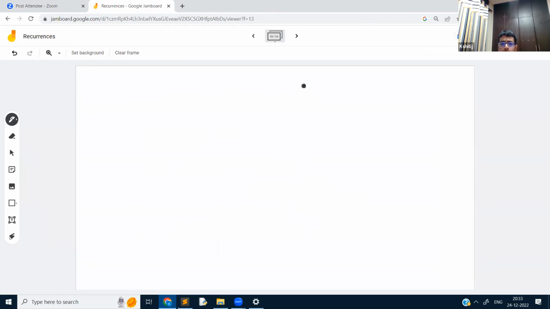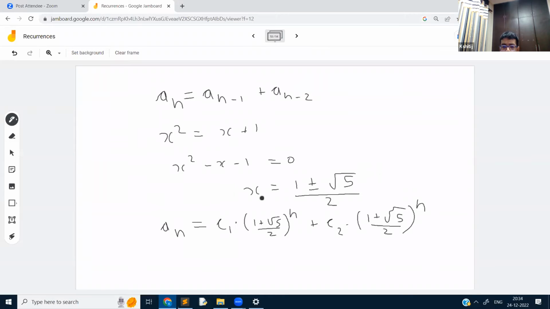Now I'm listing the initial terms of the Fibonacci sequence. A0 will be 0, A1 equal to 1, A2 equal to 1, A3 is 1 plus 1, 2, A4 is 1 plus 2, 3, A5 is 2 plus 3, 5, and so on. Since there are two roots, we only use the first two equations, A0 and A1.